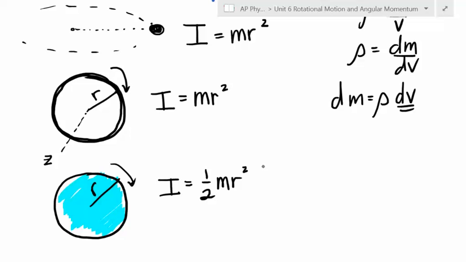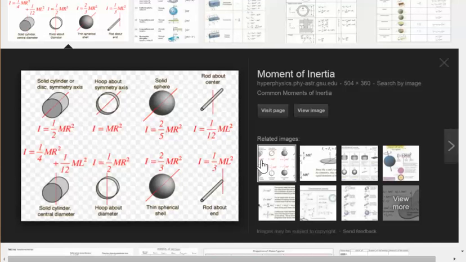You don't have to try to memorize this table. You can make a quick Google search for moment of inertia, and there's all kinds. I did the image search, and there's tons of moments there, and they have the different axes. So what I was saying about the z-axis, this is like the hoop, and the z-axis is going through the radius, where this is the y-axis or the diameter.